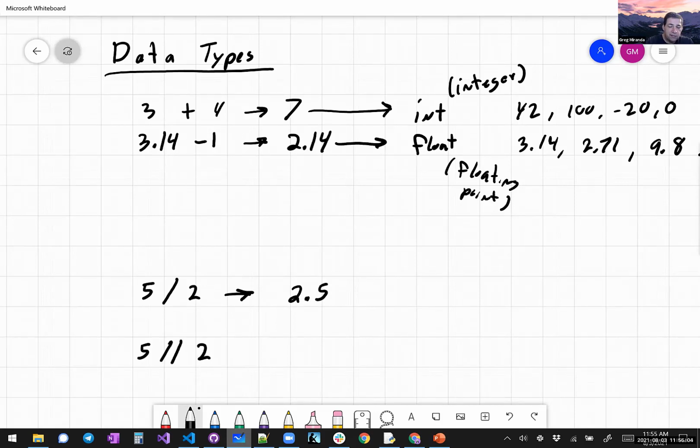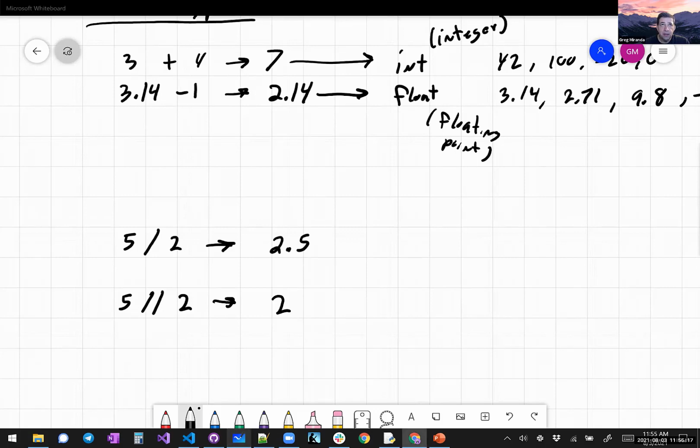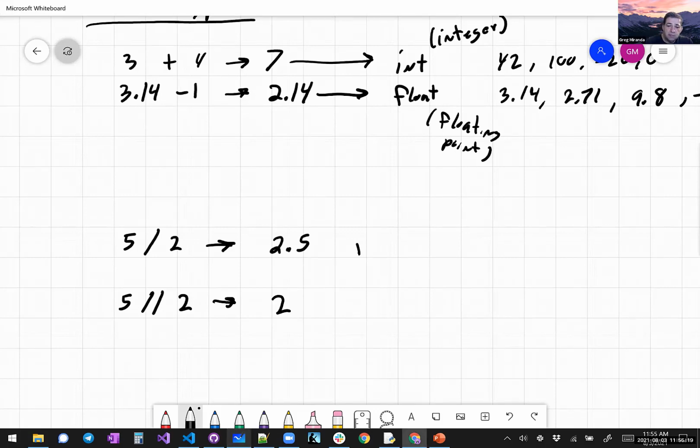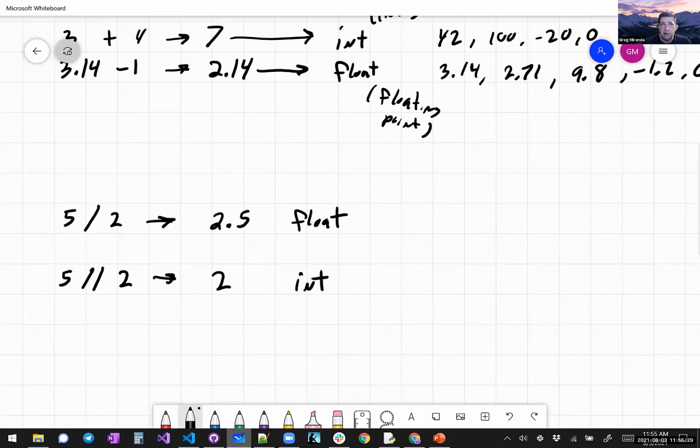Whereas if we do 5 double slash 2, we get 2 using the floor division. We already talked about floor division; that's basically where we drop the decimal point. So one of these yielded a floating point number, and the other yielded an integer, an int. Again, an integer is just a whole number.